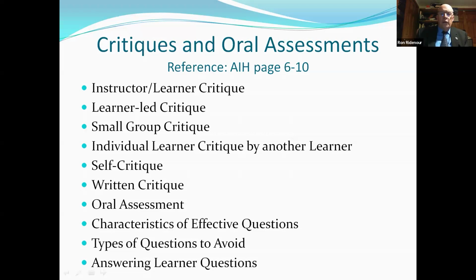Individual learner critiques by another learner, and again, that's a little bit difficult unless the two learners are good friends and they know each other's behaviors toward each other, and so certainly they can lead by that.